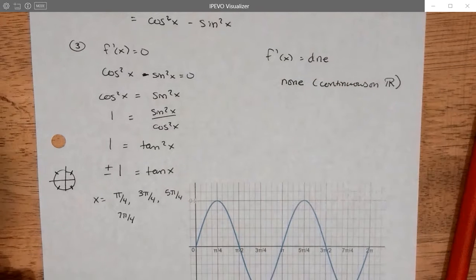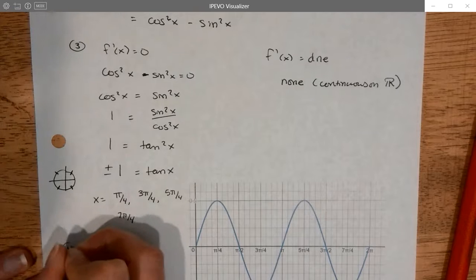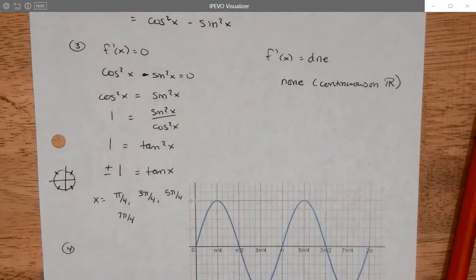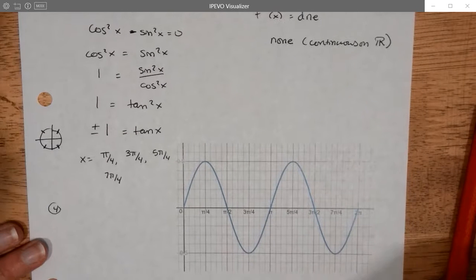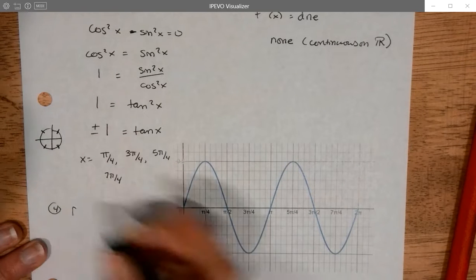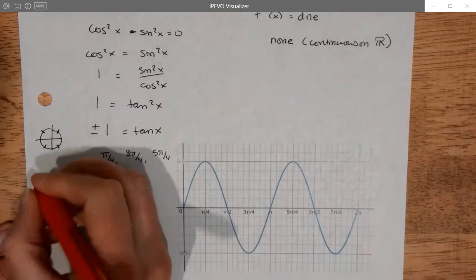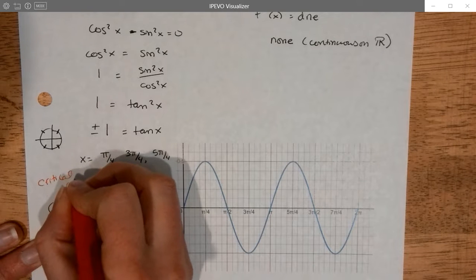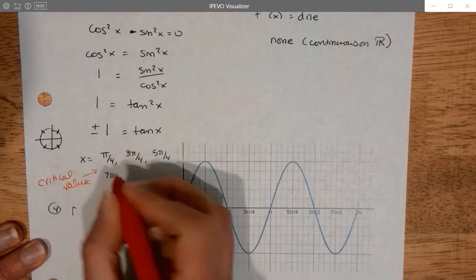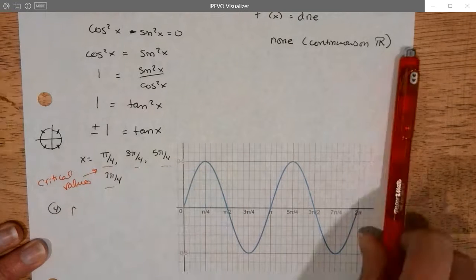Okay, so we're on to step 4. Step 4 is where we evaluate the function f at the endpoints and at the critical values. So let me label these. By the way, these are our critical values. We have 4 of them.